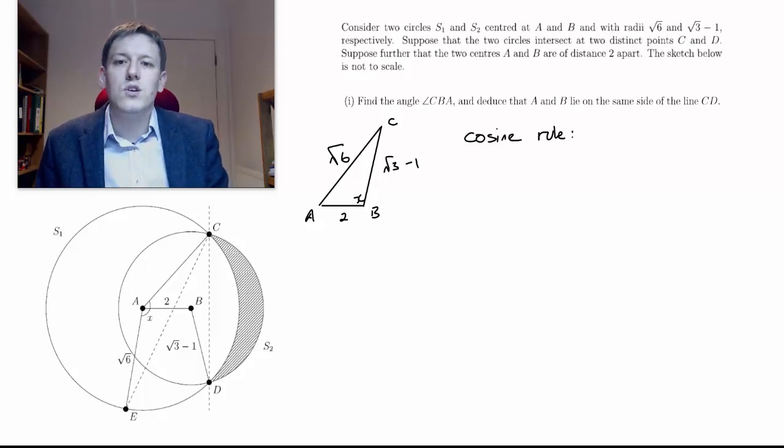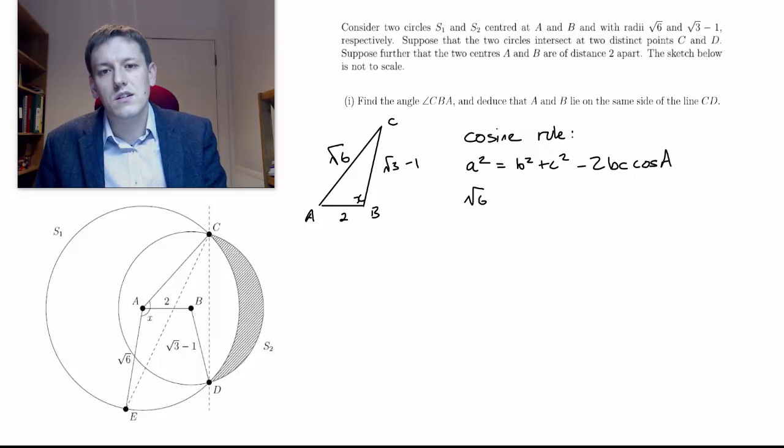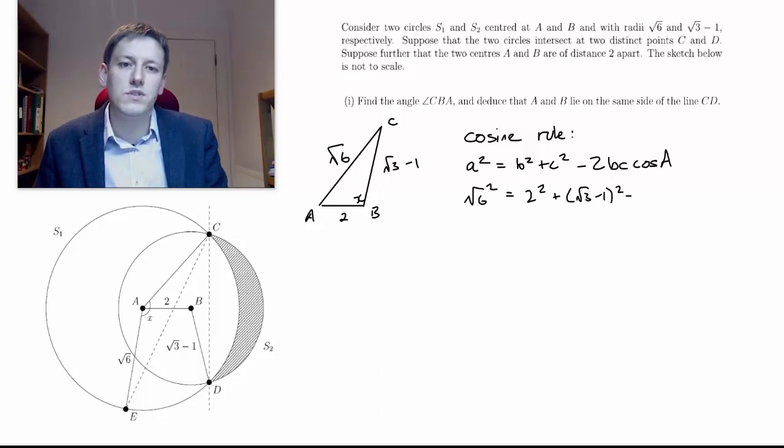Okay, so we've got the cosine rule that says that a squared is b squared plus c squared minus 2bc cosine a, and I'll just substitute the appropriate values in here. So a has to be √6, and b and c can be either way around, so 2 squared plus (√3 - 1) squared minus 2 times b times c, so 2 times 2 times (√3 - 1) times cosine of x.